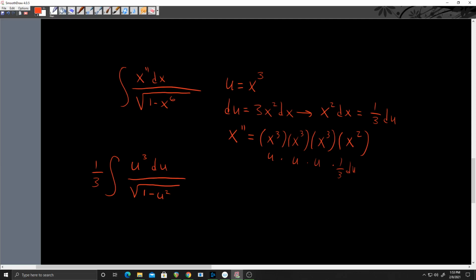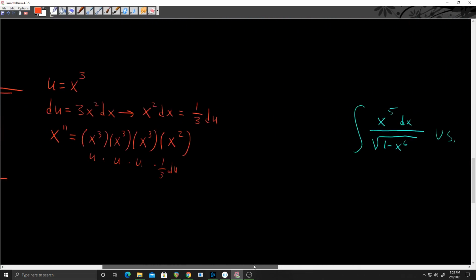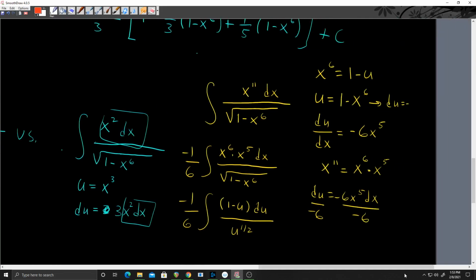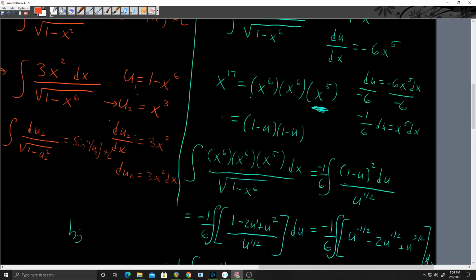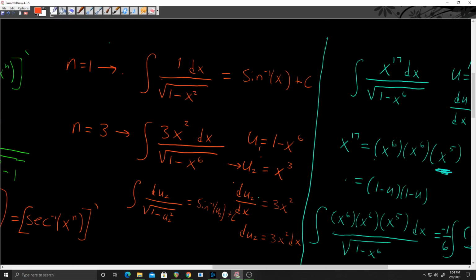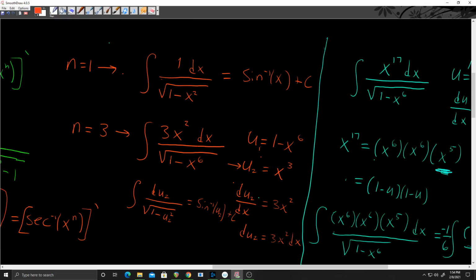And so what this means is what we originally said was exactly true. If the power upstairs is larger than the power downstairs of x, then we're going to have to use a u sub plus some algebra, just like this. Meanwhile, if the power of x is smaller on the top, but we still have a square root of something on the bottom, then we're going to have to use the inverse sine approach.